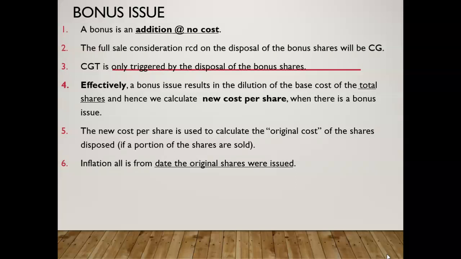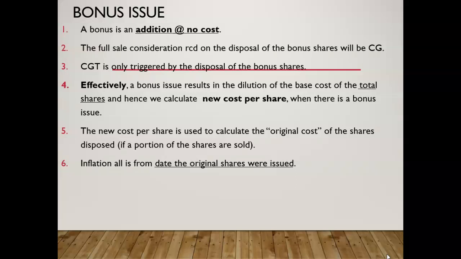So to calculate the new cost, you would say $20,000 divided by 15,000 shares. That means the new cost is now $1.33, whereas originally we had acquired the shares at $2. So that is the dilution that we're talking about.